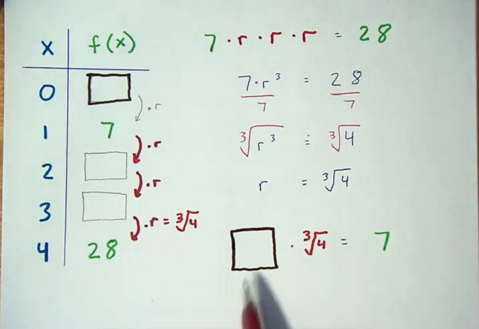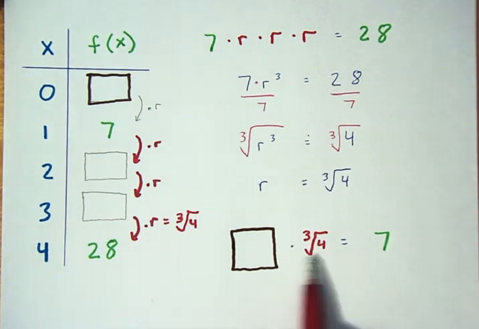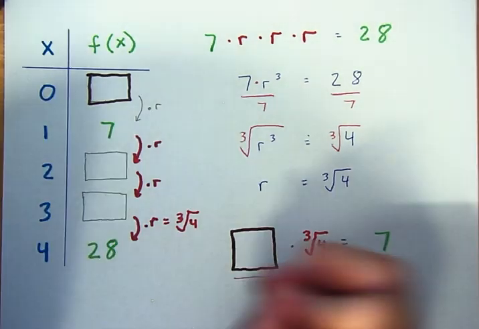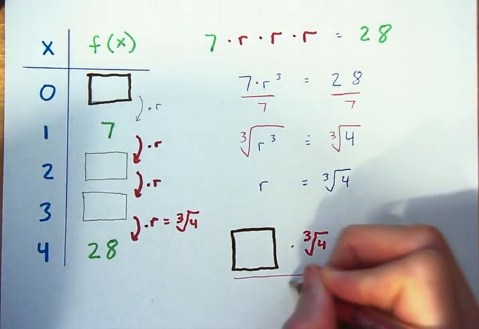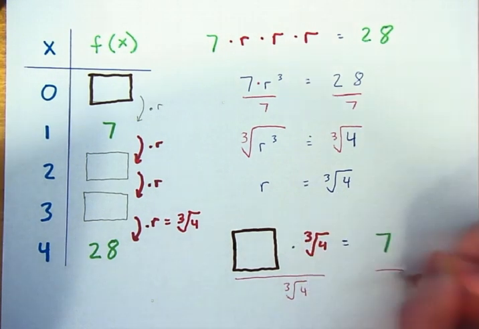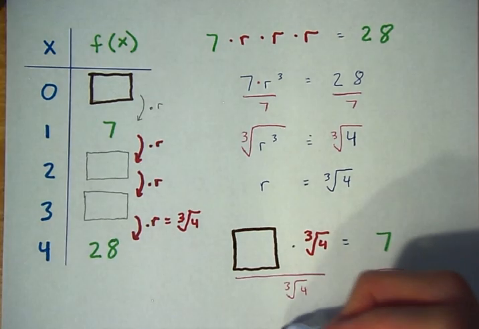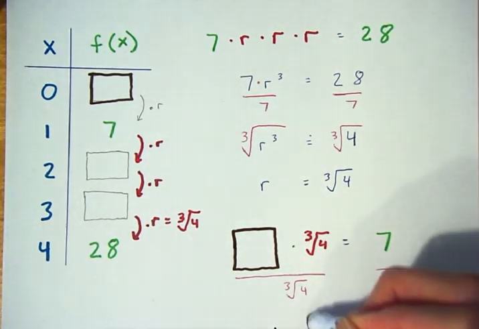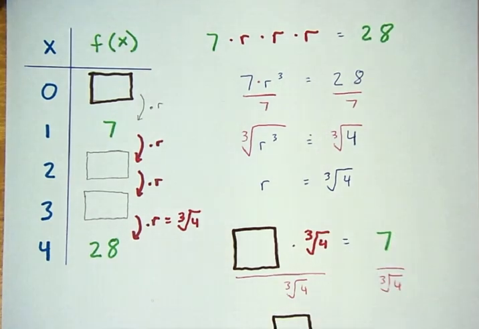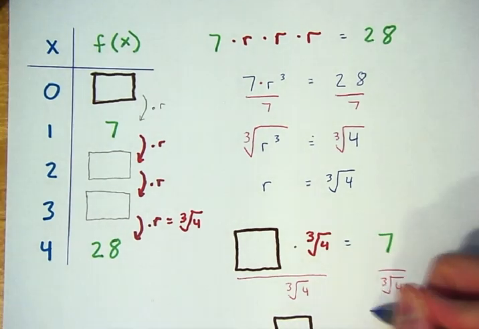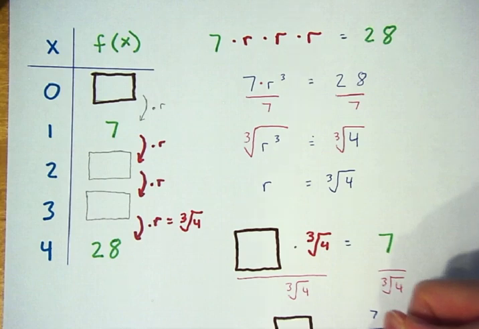Okay, so let's solve for this box. Since this is times third root of 4, divide both sides by your third root of 4. So your box is equal to 7 divided by your third root of 4.